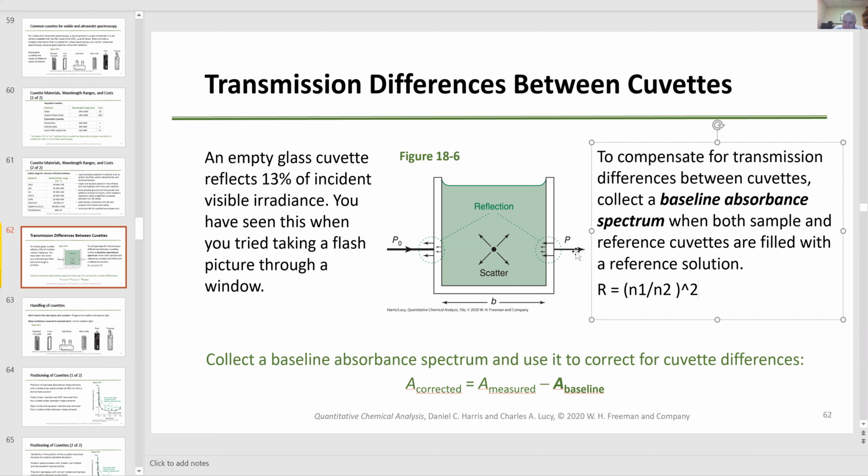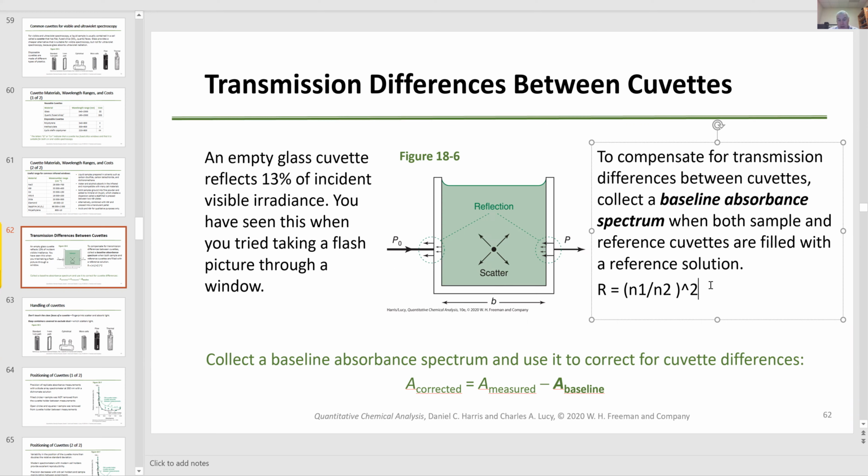So you have a blank and an analyte, right? And in that case, there's really three N values to be concerned with: air, glass, and the refractive index of the solution in here.